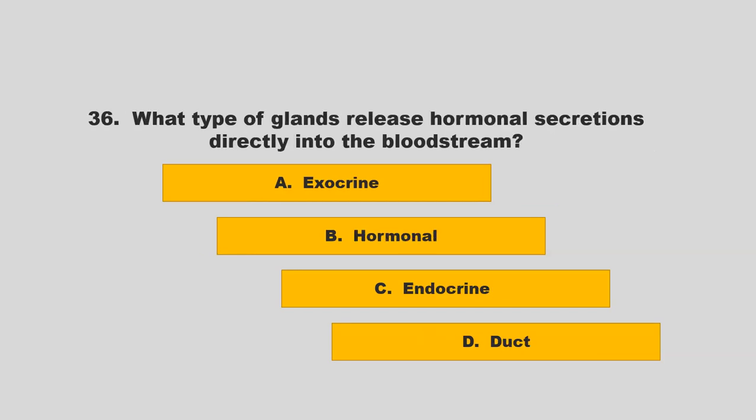What type of glands release hormonal secretions directly into the bloodstream? Exocrine, hormonal, endocrine, duct. If you chose C, endocrine, you are correct.